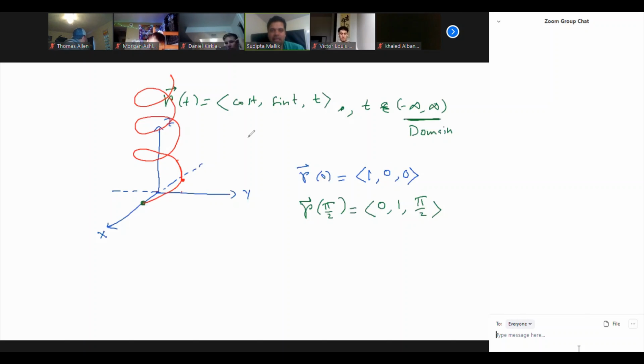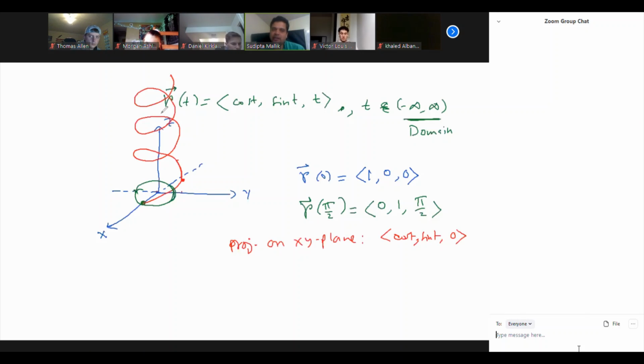And you can do the projection on the xy plane. If you do the projection on the xy plane, what is that projection? Cosine t, sine t, 0. And you already know this is the curve x squared plus y squared equals 1. So the projection is going to be the circle.